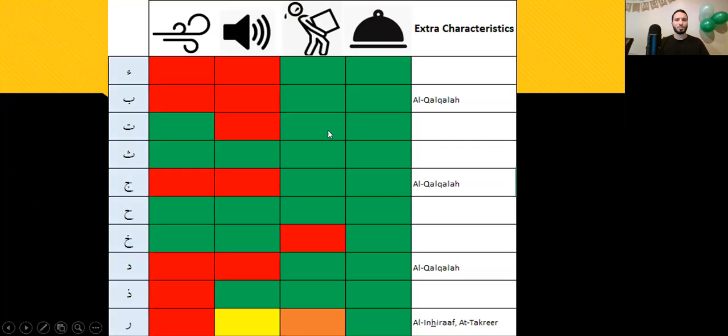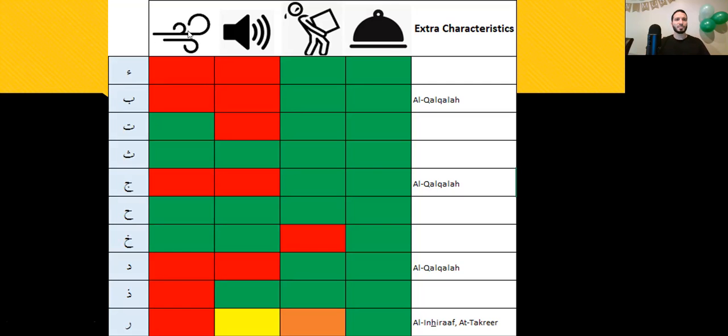I listed every letter, and then I show each letter what it has. I'm going to go through this matrix with you, and hopefully it's going to be of benefit to you when you want to review some of your pronunciation, or you want to make sure you're saying a letter correctly.